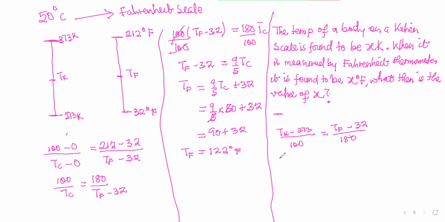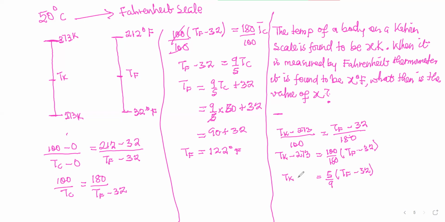So we have T_K minus 273 is equal to 100 over 180 times (T_F minus 32), and of course this will give 5 on 9 times (T_F minus 32).